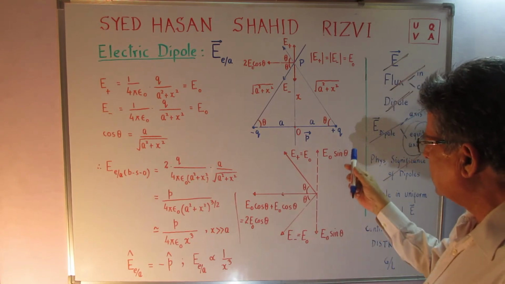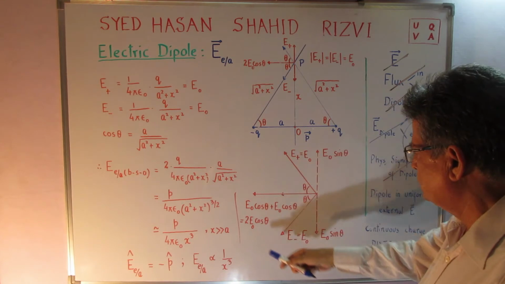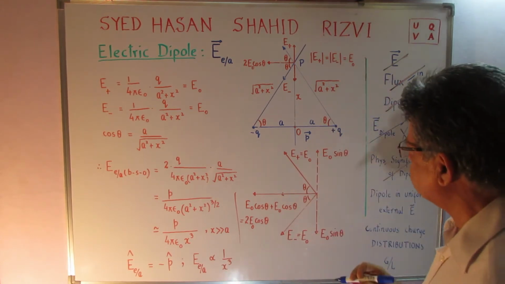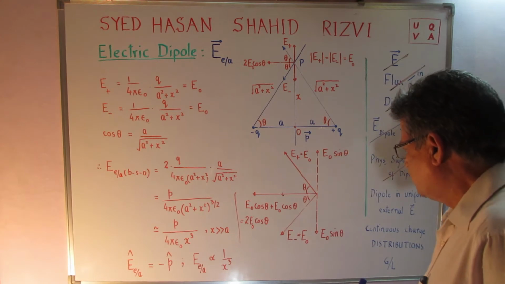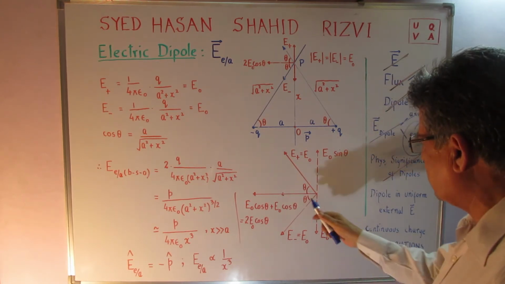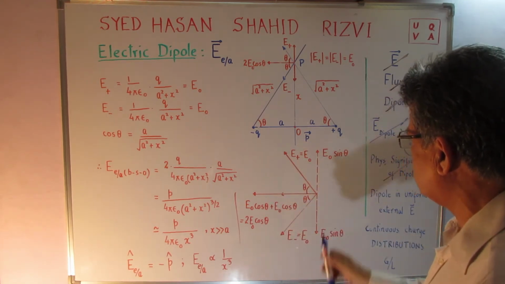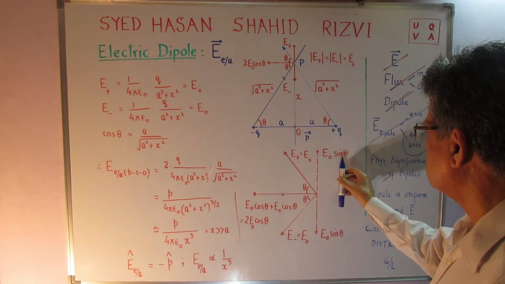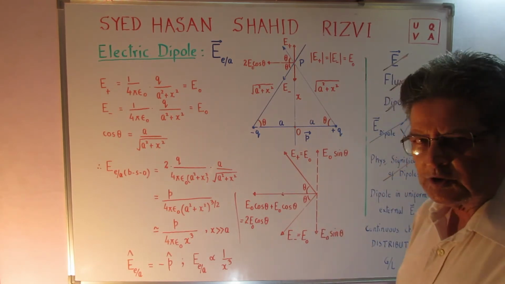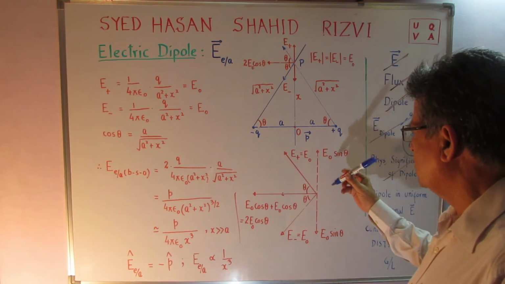Something which I have shown over here in a blown up diagram. The same thing I have blown up so that you can see properly. The components which are perpendicular to the cosine theta components, they are E naught sine theta and E naught sine theta, which are opposite to each other, equal in magnitude, and therefore they cancel out each other.